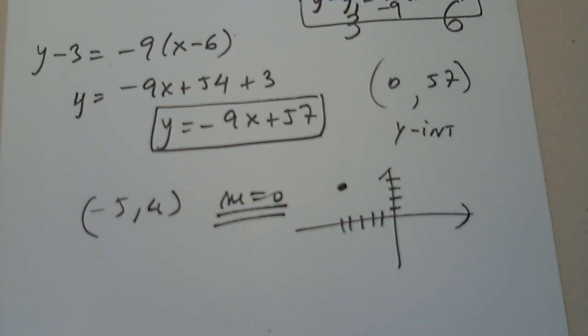What equation would that be? We want to draw through this point, negative 5, 4.